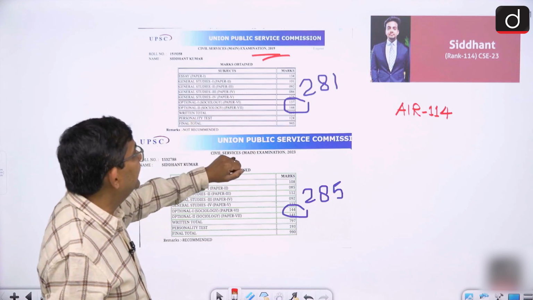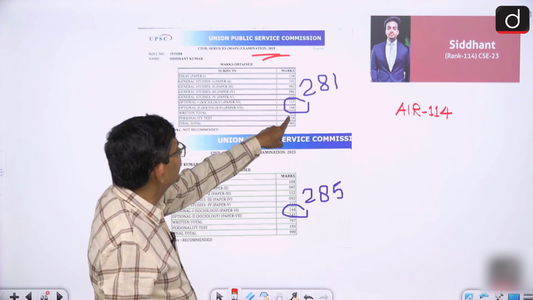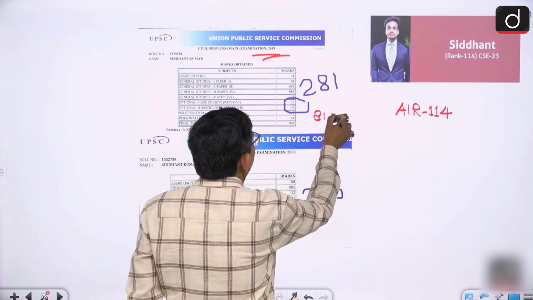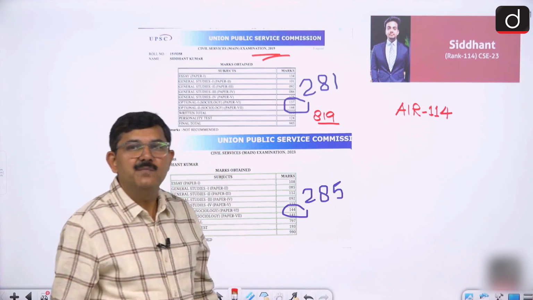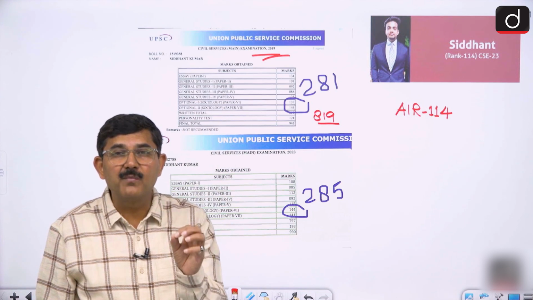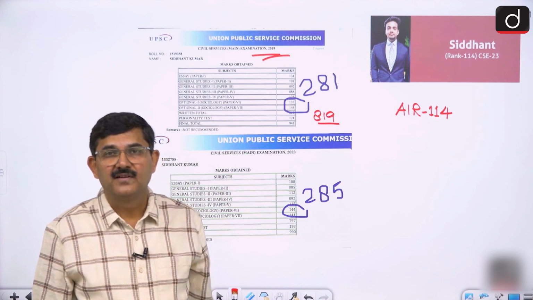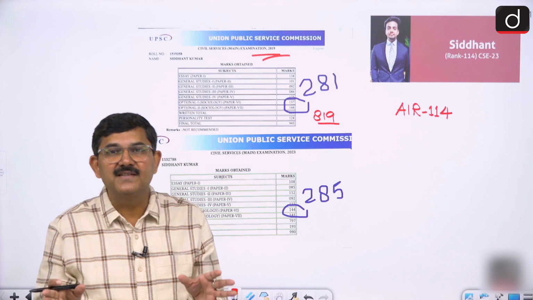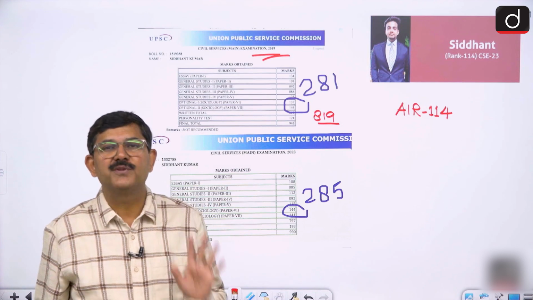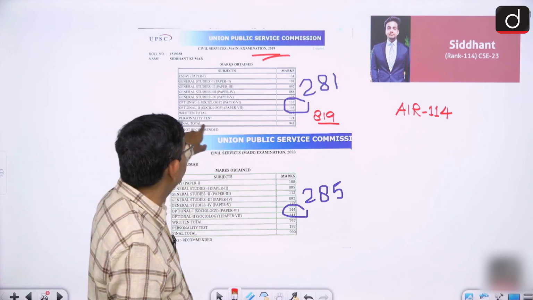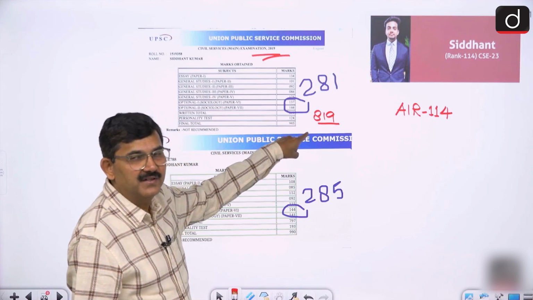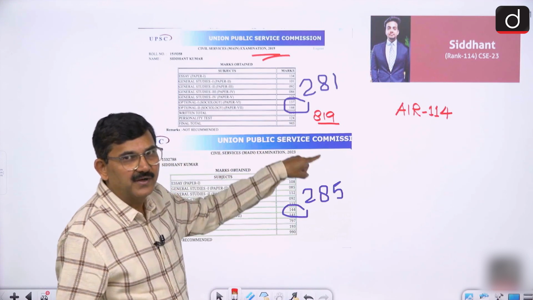In 2019, he got a total of 819 marks in mains. Very standard, very good marks in the mains examination. By getting 819, you're all set to become an IAS. But unfortunately, because of very poor marks in the interview, he got just 124 marks, and he missed selection by a few marks.